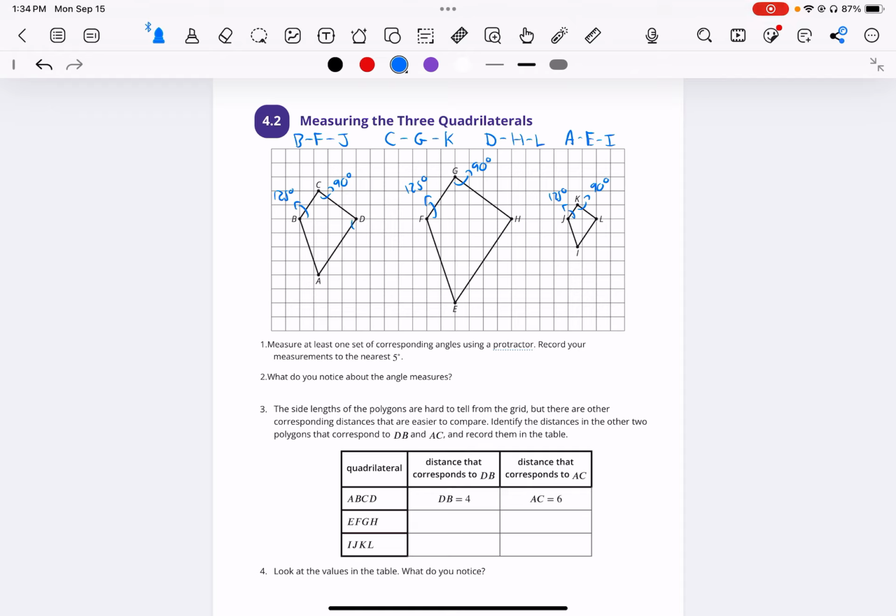Angle D is 95 degrees, angle H is 95 degrees, and angle L is 95 degrees. Angle A is 55 degrees, E is 55 degrees, and I is 55 degrees. So the main thing I notice is that the corresponding angles are all the same or equal.